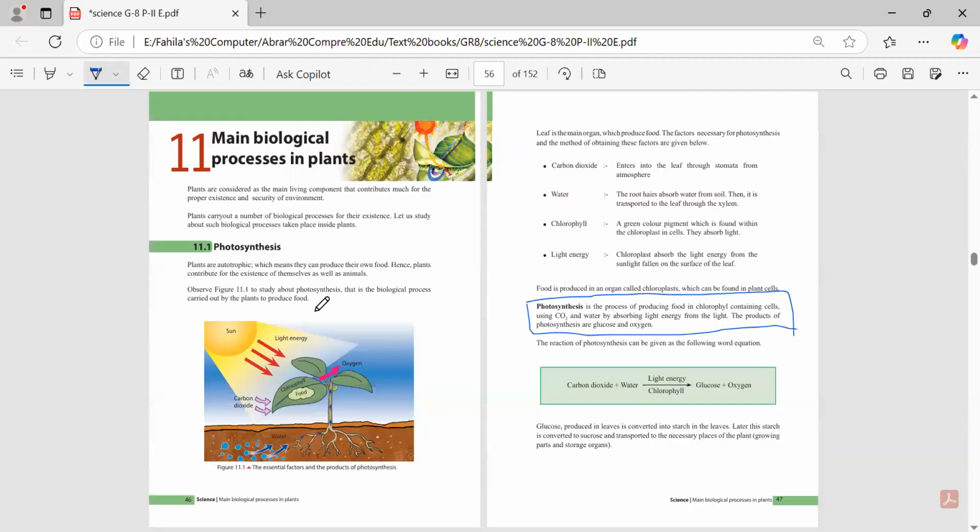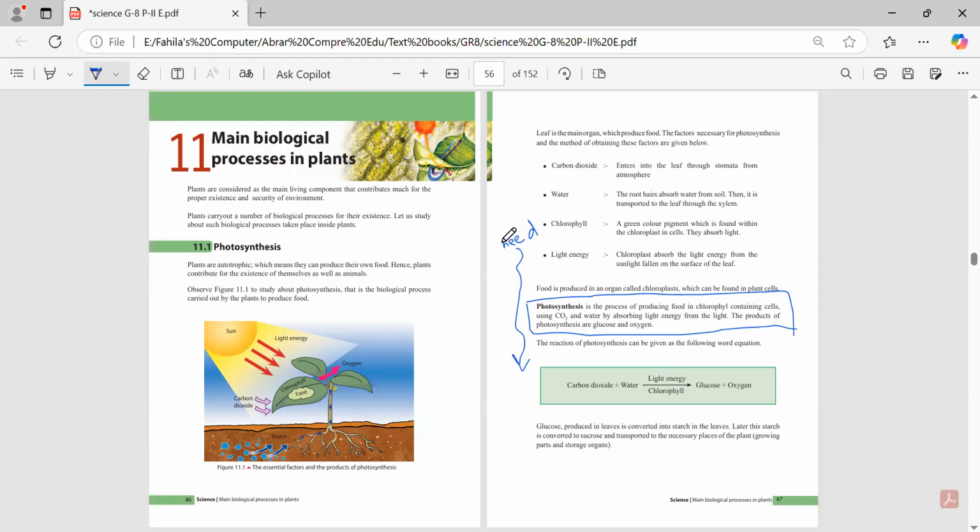Now, it's a process. Listen to me very carefully. This is a process, right? However, this process needs certain things. This process needs certain things, right?